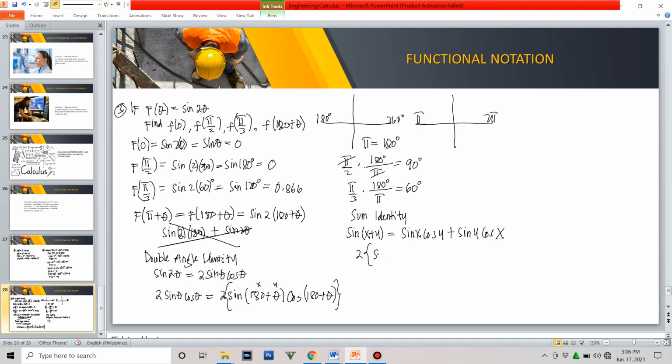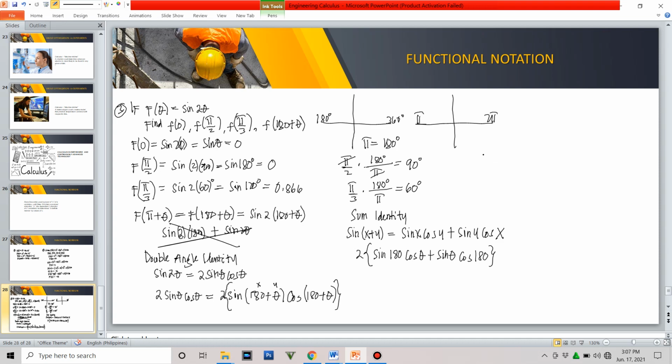So the sine of x, sine of 180, and then this is cosine of theta, plus sine of theta, and this is cosine of 180 degrees. So this is for this function only. Okay, so there is also a cosine identity there.